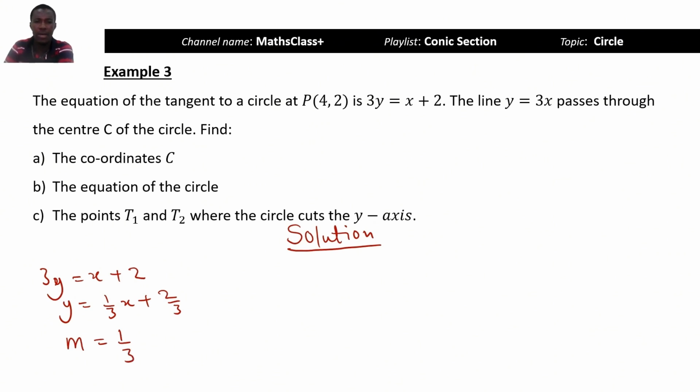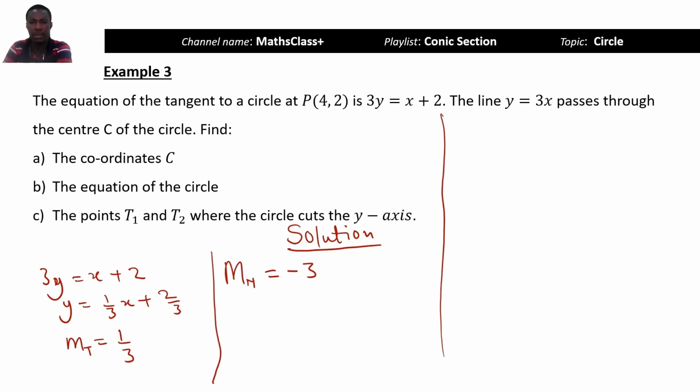That means the gradient of the normal to the tangent at the point of contact P will be -3. That's the gradient of the normal. So let me put small t on the tangent gradient and small n on the normal gradient, like this.